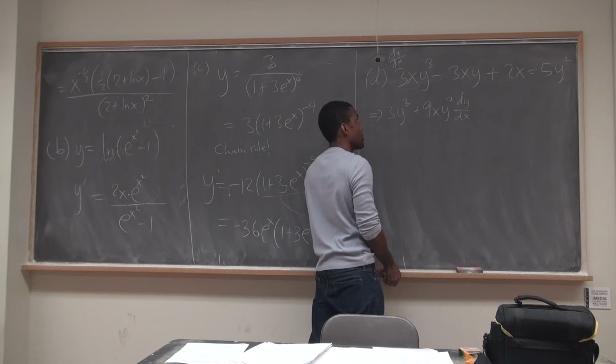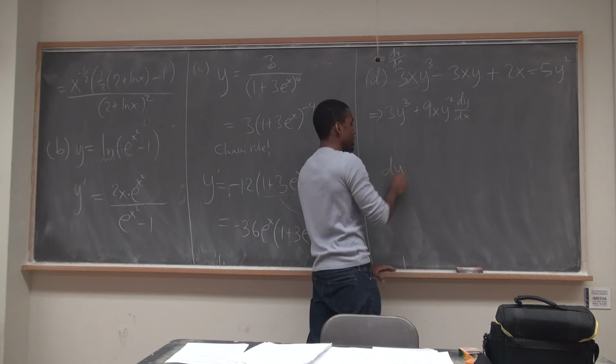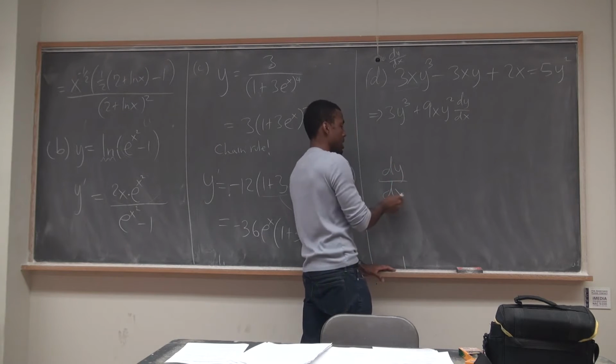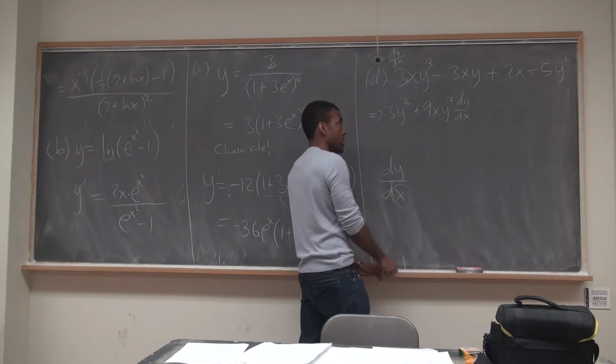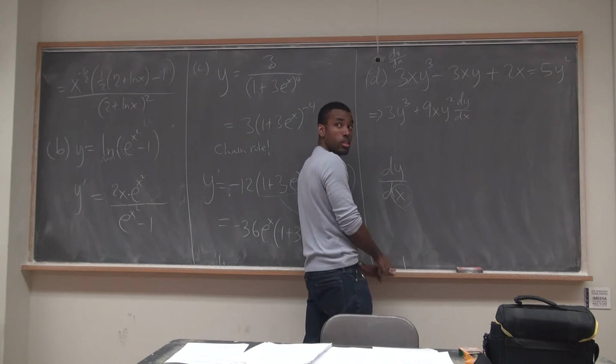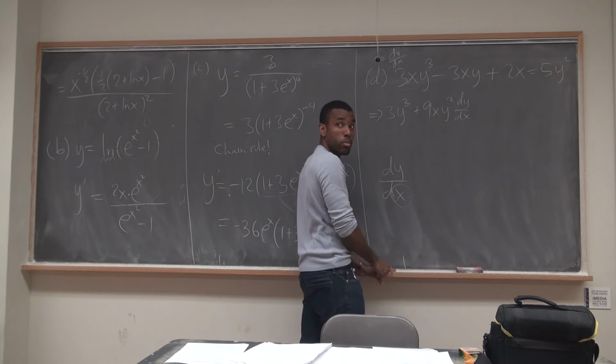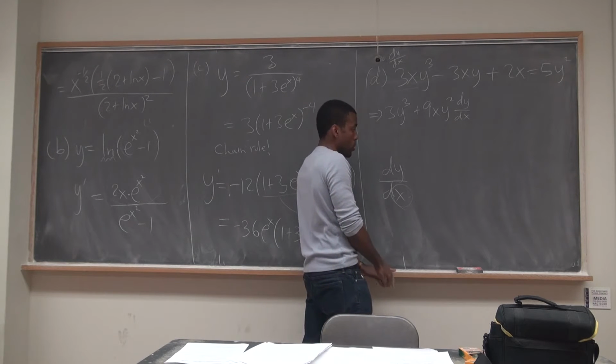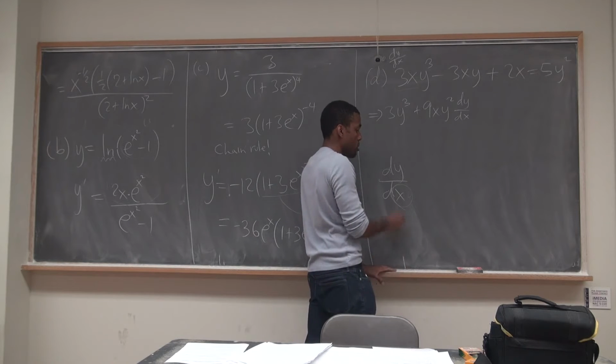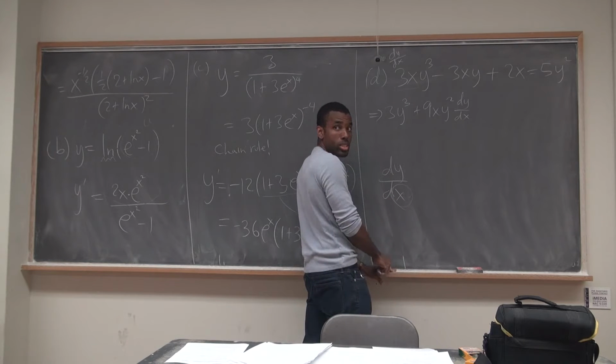See, look what you've done. You did 3 times 3. I want to find dy dx. x is down here, which means if I differentiate an x term, I don't do anything at all. If I differentiate anything other than an x, I must attach a prime. Before, when we were doing implicit differentiation, remember the bottom was t.